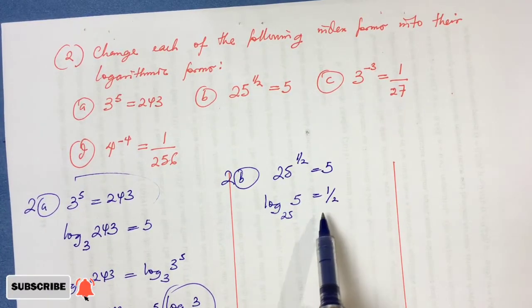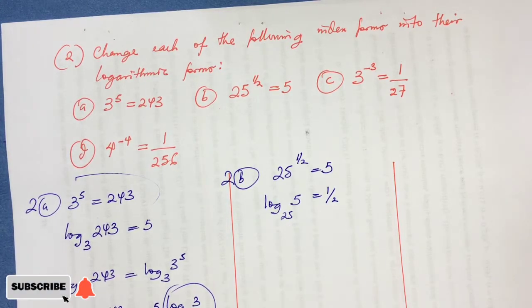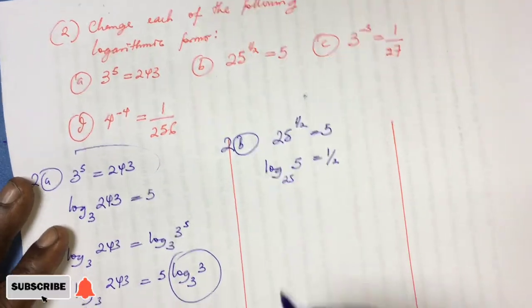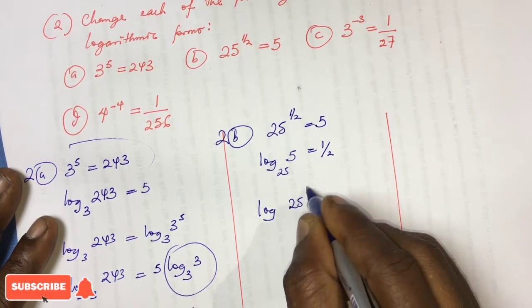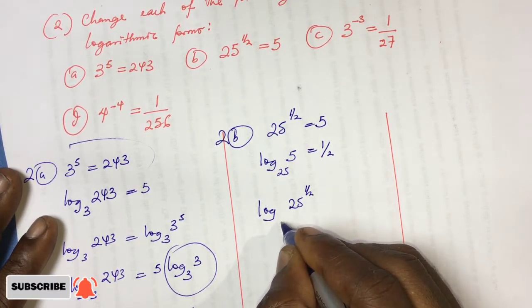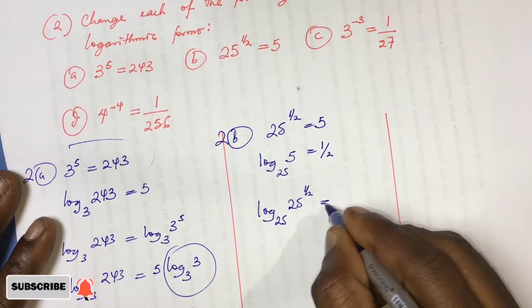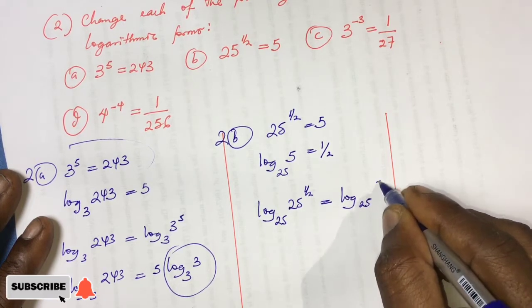Half is the only number to which you would raise 25 to get 5. So that is true. Now if you don't want to go that way, by the definition, like I said earlier on, all you have to do is to take 25 raised to the power half, take both sides in base 25, and that will give us the logarithm to base 25 of 5.